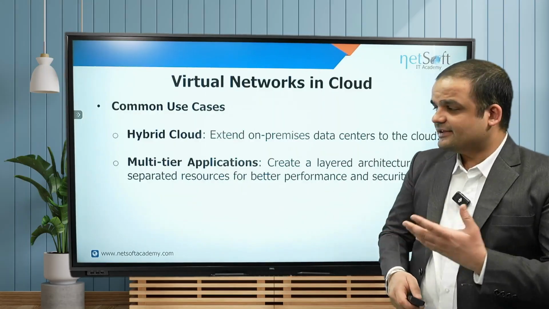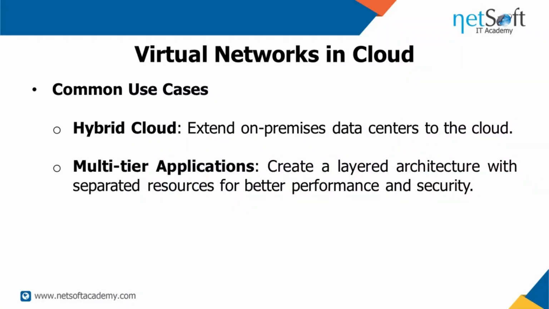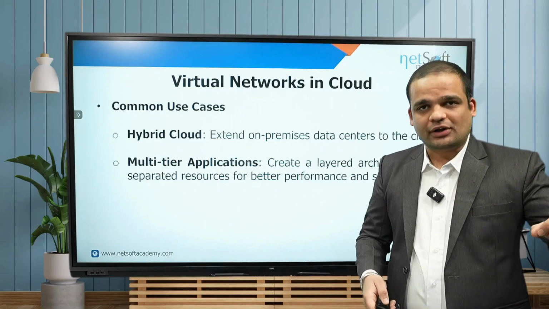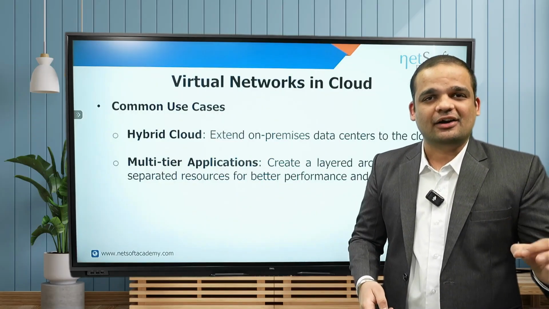So the first one is hybrid cloud. Well, many organizations have a hybrid setup these days. They extend their on-premises data centers or their offices to the cloud. This allows them to leverage cloud scalability while also maintaining control over mission-critical or sensitive data on-prem.